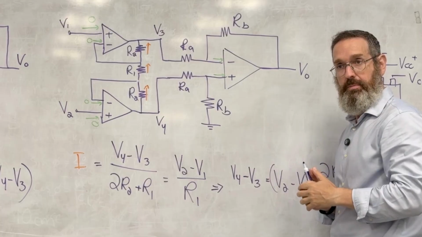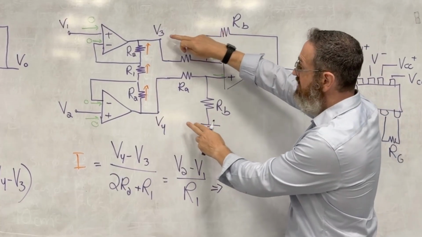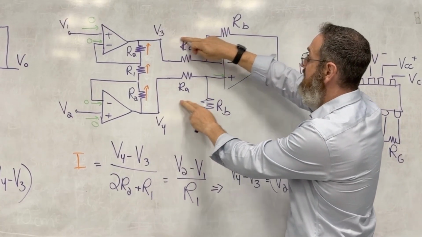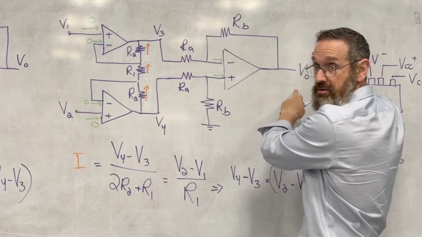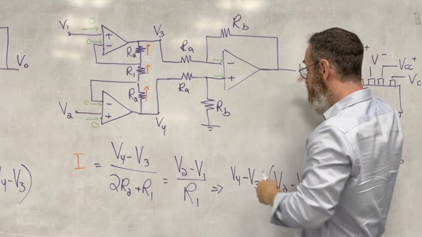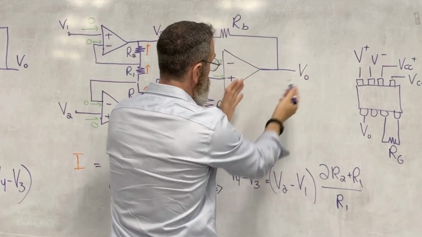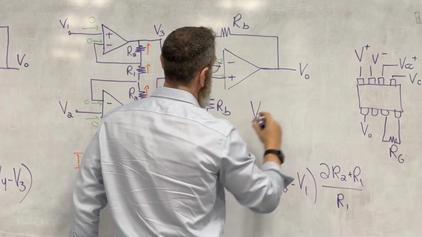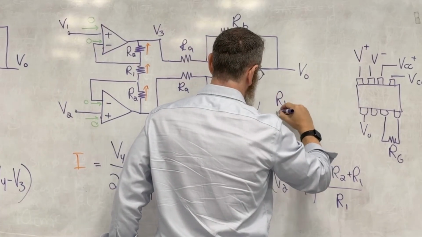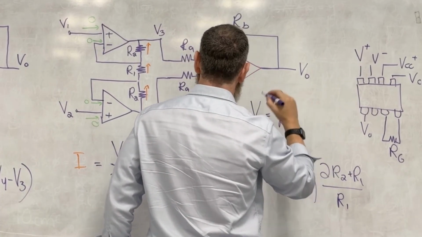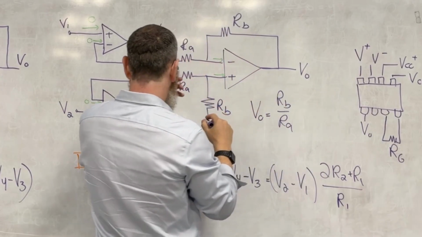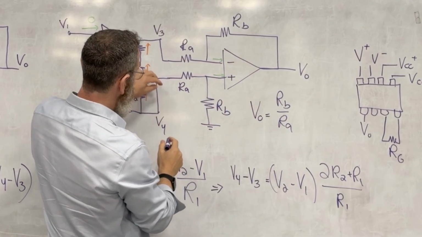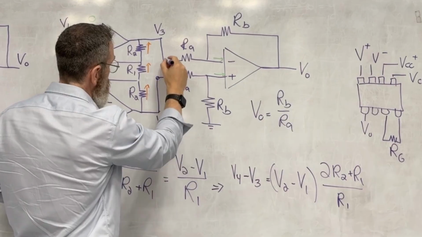Final step. V3 and V4 are the inputs to this amplifier. So I can use the difference amplifier equation, which I'm going to put over it, and I'm going to say that V out is equal to R sub B over R sub A times, remember V4, this is V4 and this is V3, right?